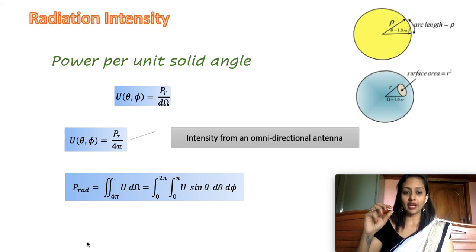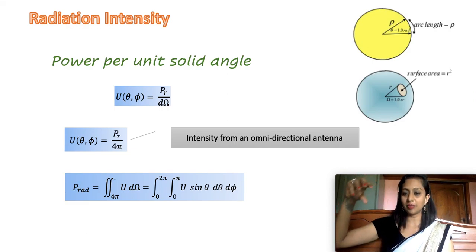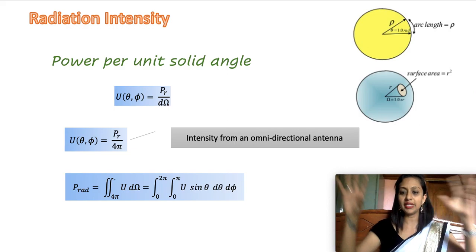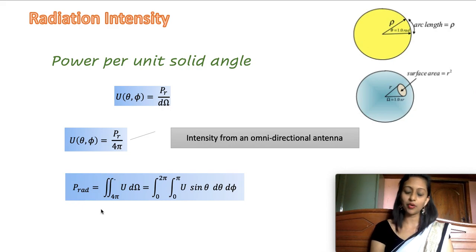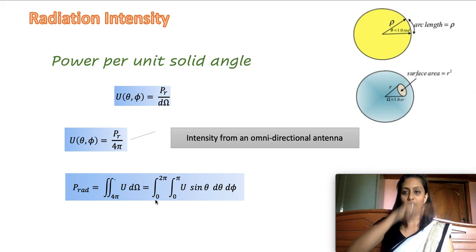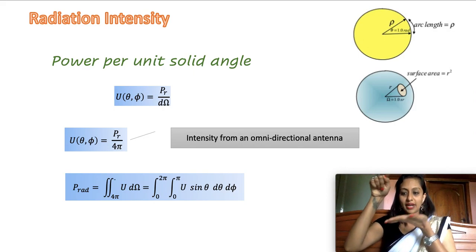Now I have the radiation intensity in one particular direction for a given solid angle. If I calculate the radiation intensity at every given point, and I want to find the power radiated by the antenna, all I need to do is integrate over the surface the radiation intensity and solid angle. So what does the surface area depend upon? The theta. Assume the antenna is here.